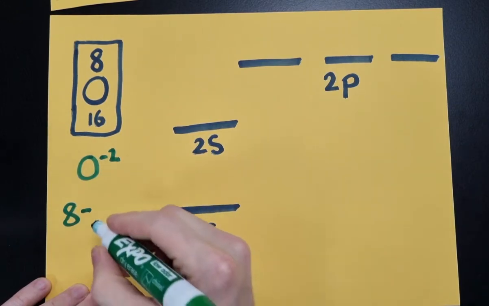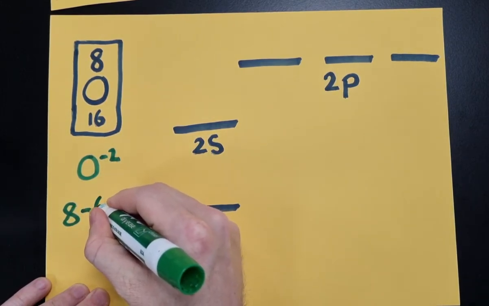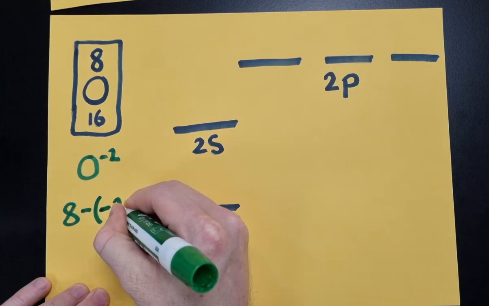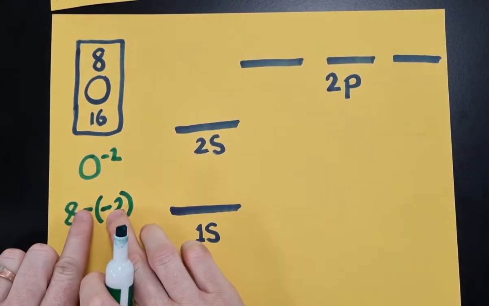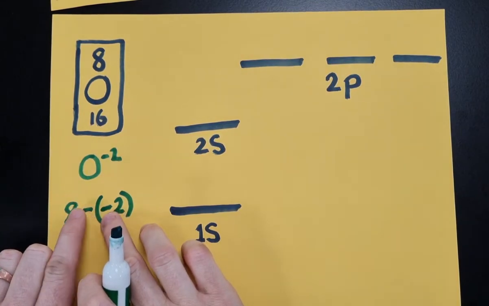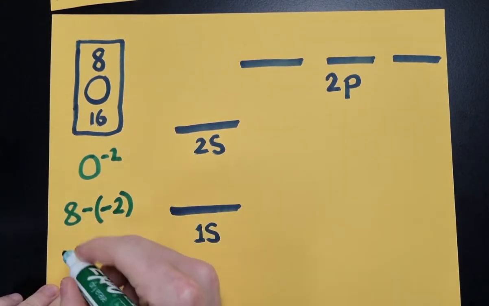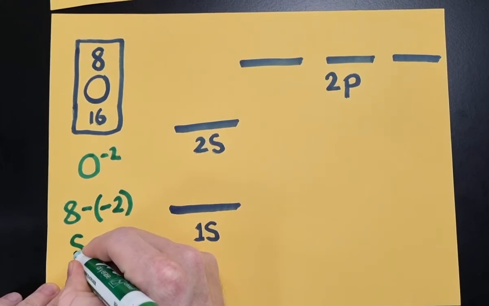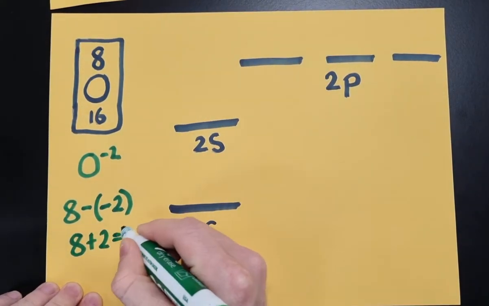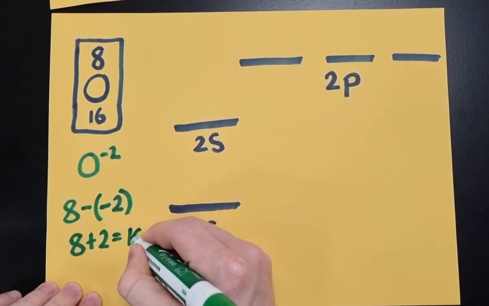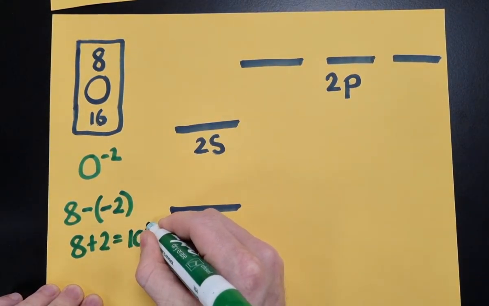In this case, it's (-2). Why did I put it in brackets? That way it would not get mixed up with this first negative, and we know that a negative and a negative makes a positive. So in this case, we've got 8 plus 2, which equals 10 electrons.